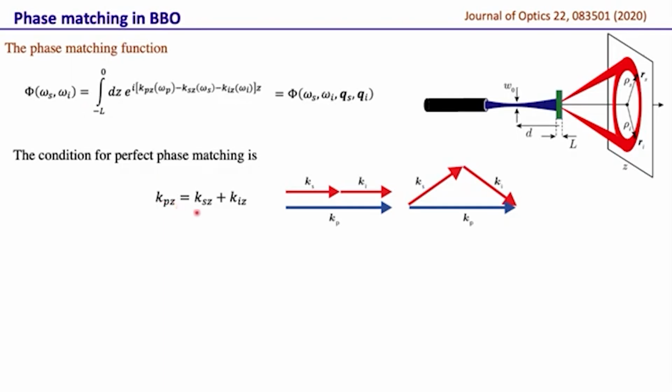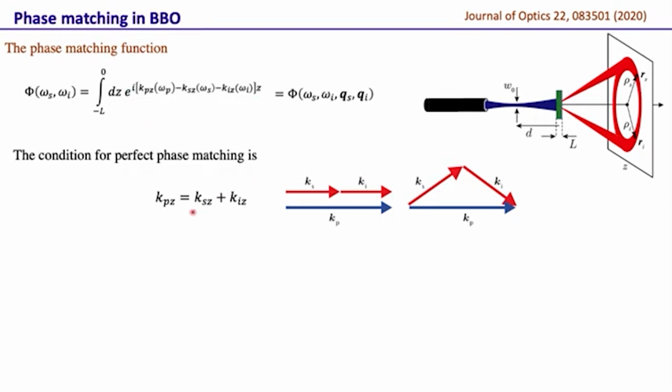So even when kpz is not exactly equal to ksz plus kiz, this quantity is still finite, but of course the phase matching and the down conversion will not be as effective as when this quantity is equal to 0.